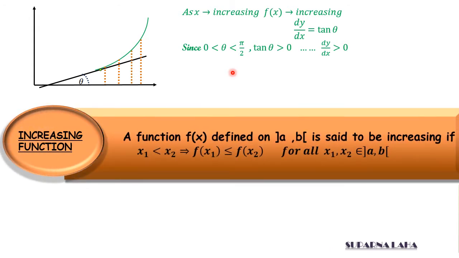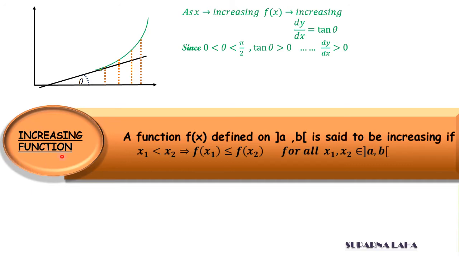A function f(x) defined on the open interval (a, b) is said to be increasing if x1 less than x2, that means two values where x2 is greater than x1, then f(x1) is less than or equal to f(x2). Maybe these two values are equal or f(x1) is smaller than f(x2), for all x1, x2 in this open interval. That time we will call the function an increasing function.